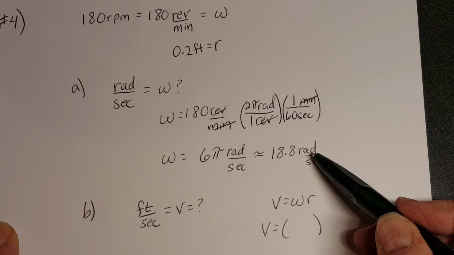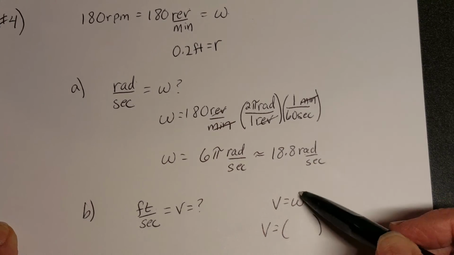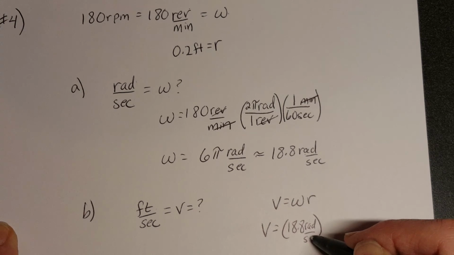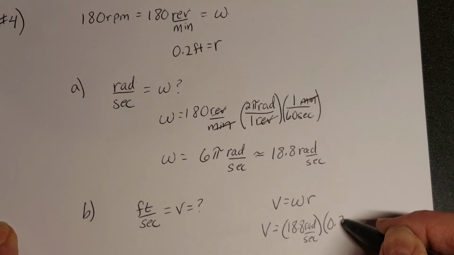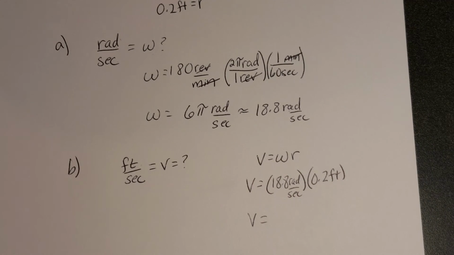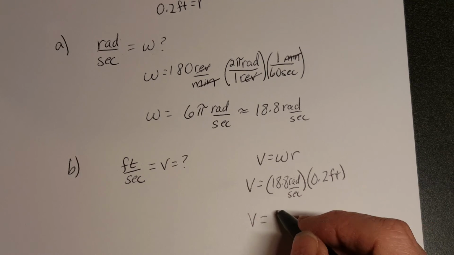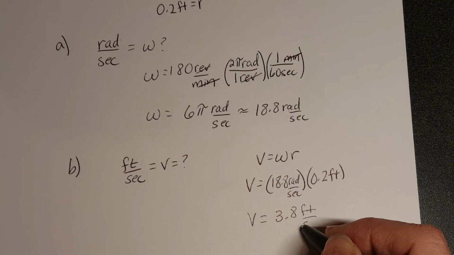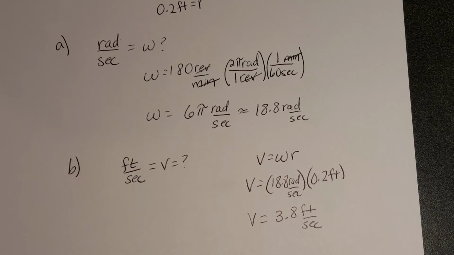It has to be in a radians unit to plug it into this equation. 18.8 radians per second times the radius, 0.2 feet. Feet times radians ends up as feet. The radians goes away, so we times that by 0.2, and we get 3.8 feet per second.